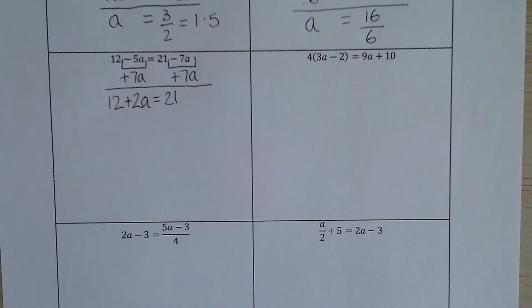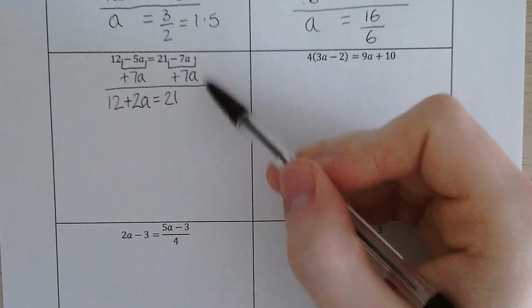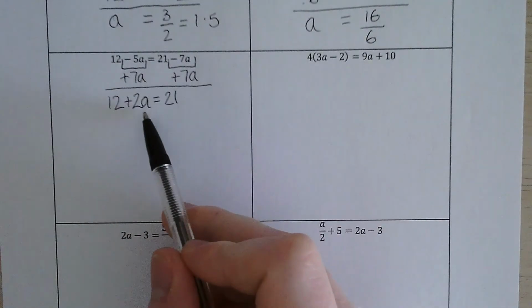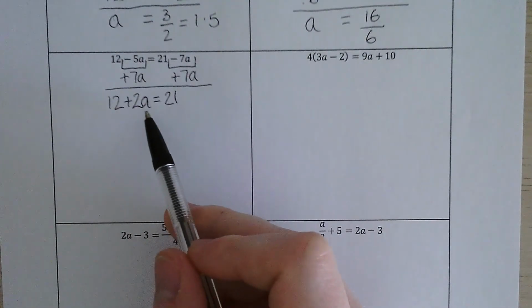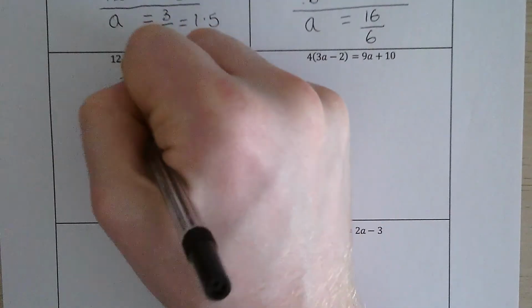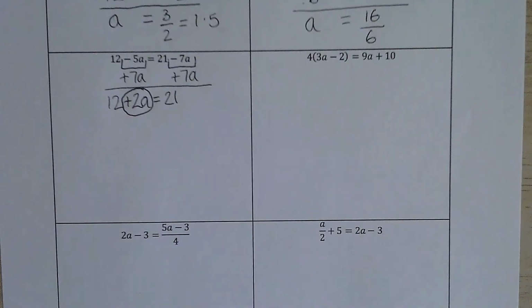A reminder, our goal after this first step is to get an equation where the variable only appears once, because then we can use our regular methods in order to solve the equation. We now need to isolate the term, and the term that contains a is add to a.